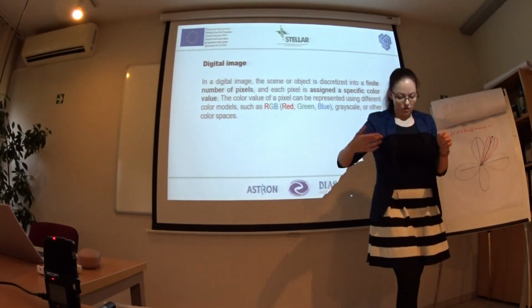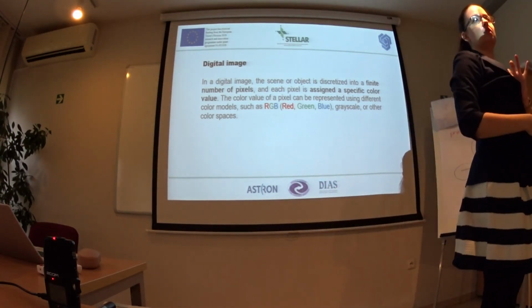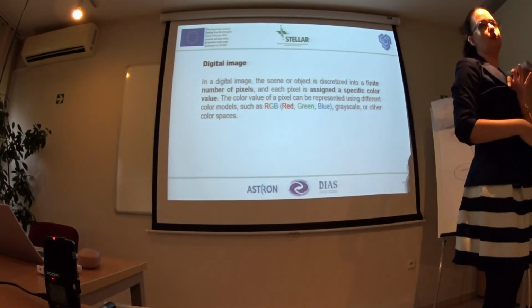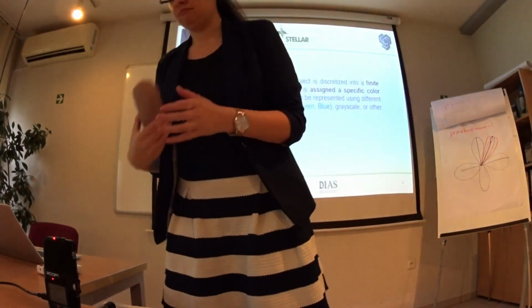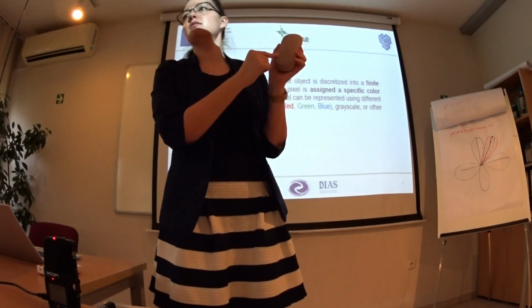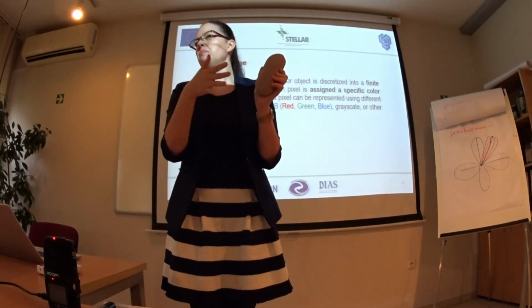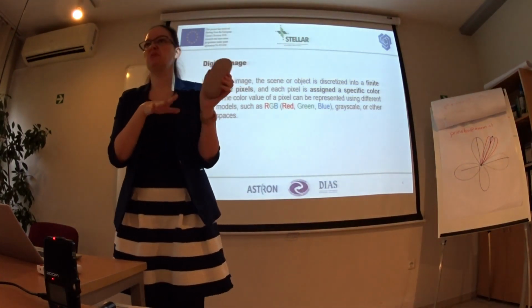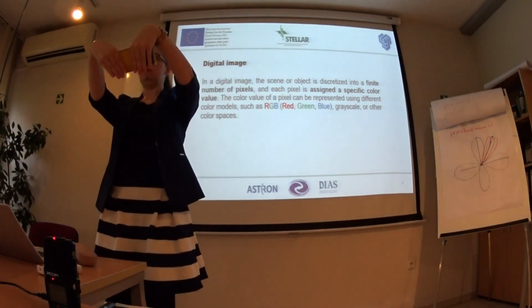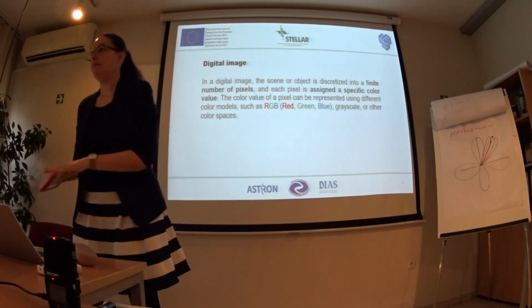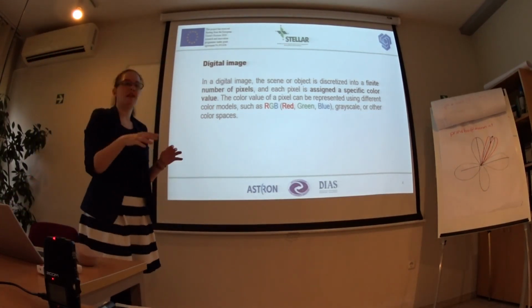Okay, but here we have three colors, depending on the color model, of course: red, green, blue. To obtain the color, this is blue, but this is not the pure blue that we can have. This one is something like pink, right? Or this is yellow, right? How can we take them?